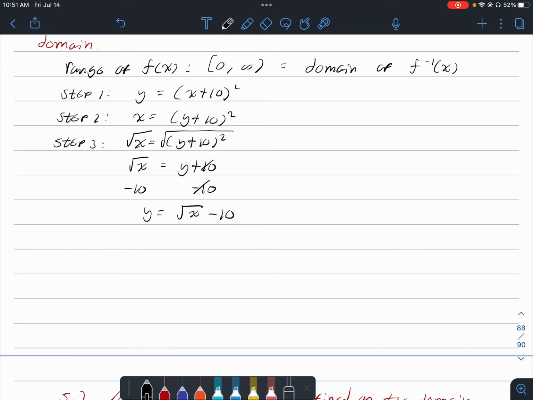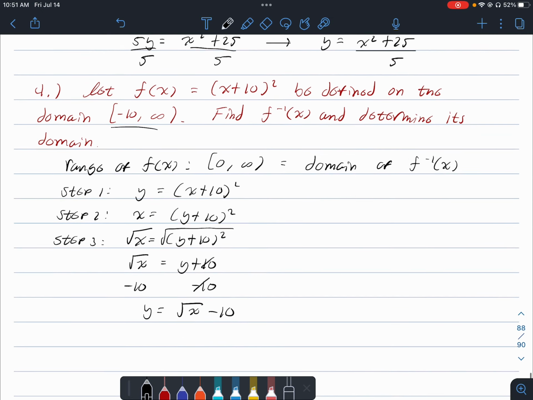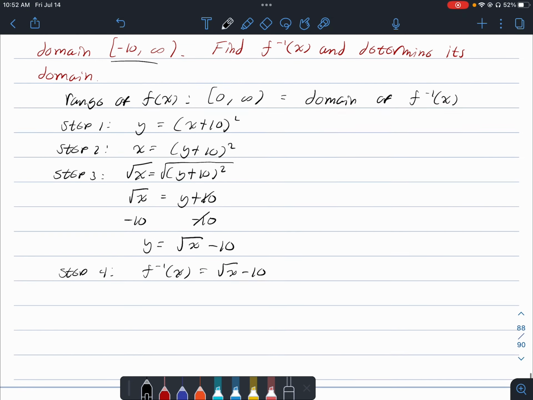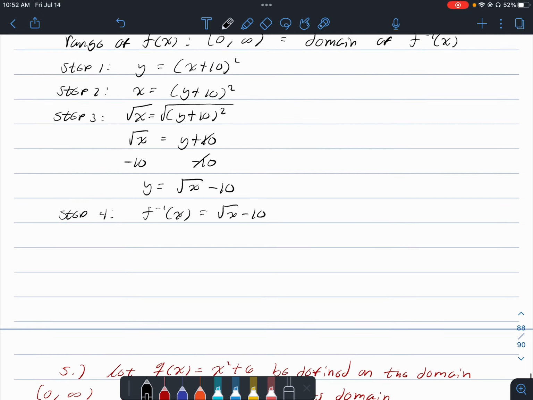So the smallest value we could get for our function is going to be -10, which happens to be the domain that we defined for f of x. I guess I should finish this up and replace it with f inverse of x here. Okay, so we still have that domain range rule in effect here.